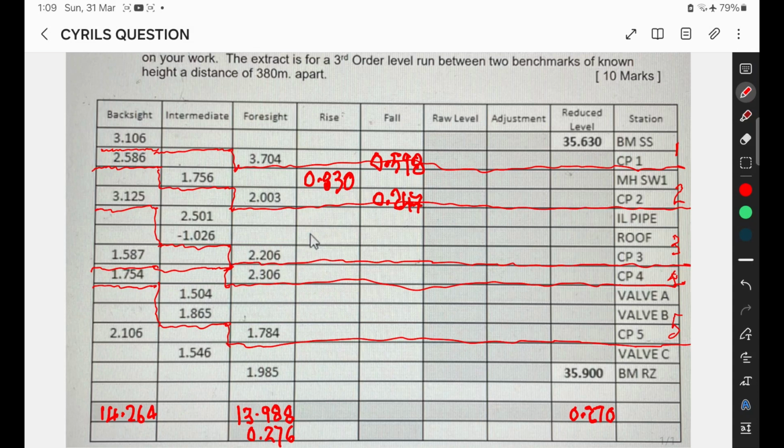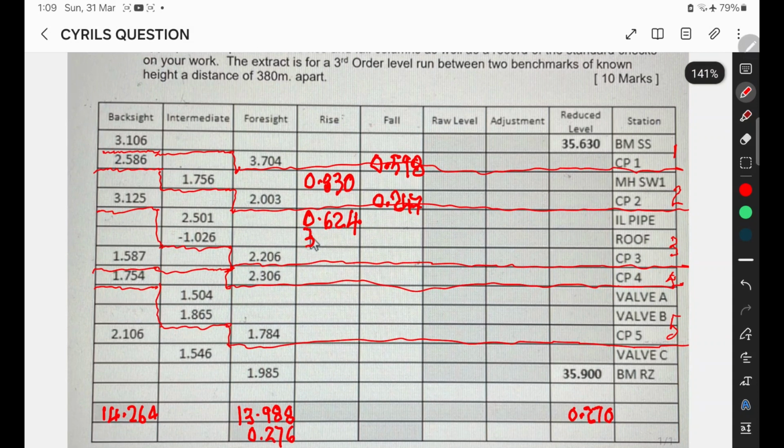Next one: 3.125 minus 2.510, 0.624. And then we've got 2.501 minus 1.026, which is in effect a plus, and that'll give us 3.527.